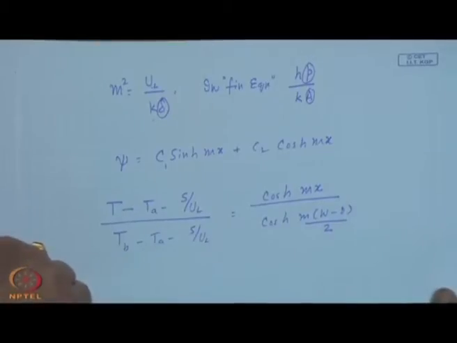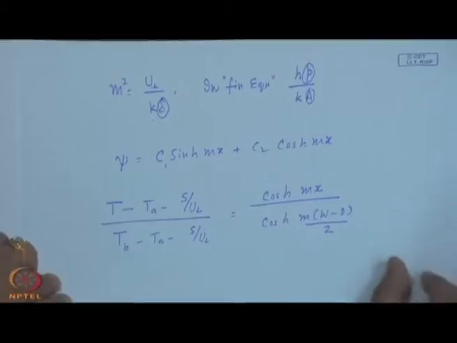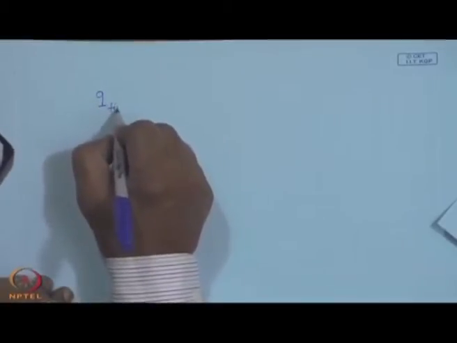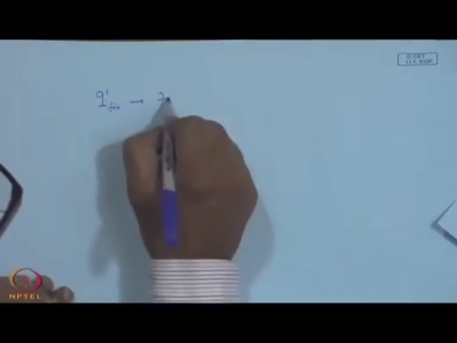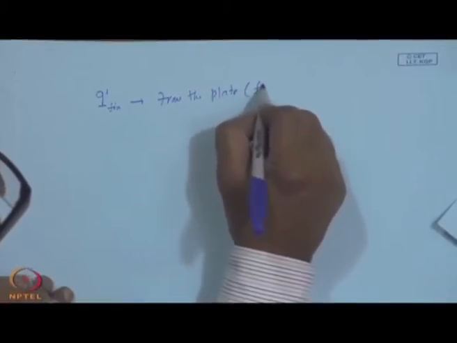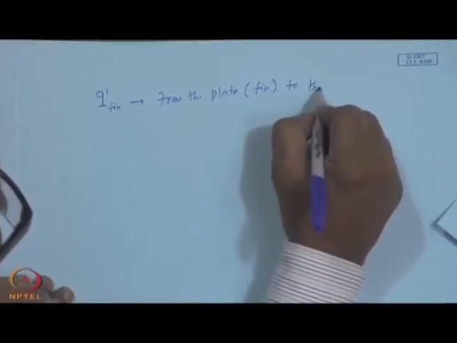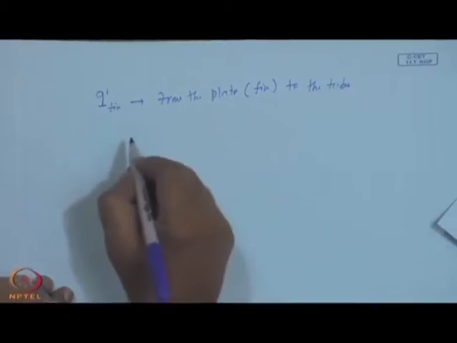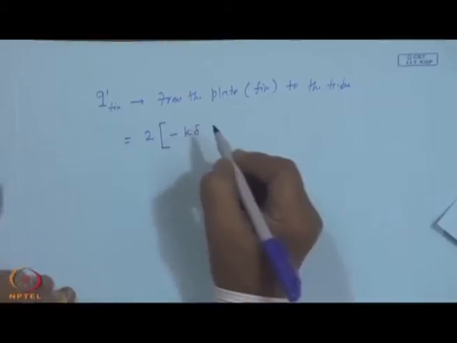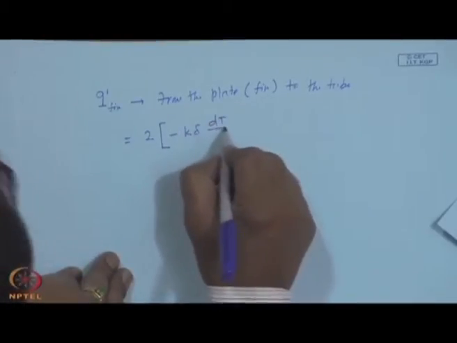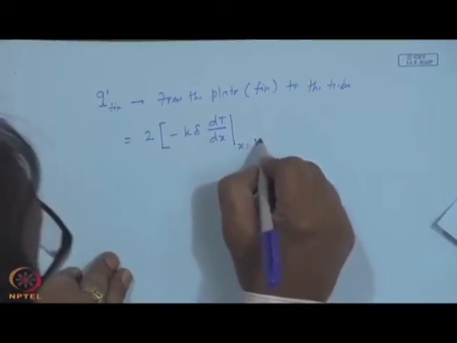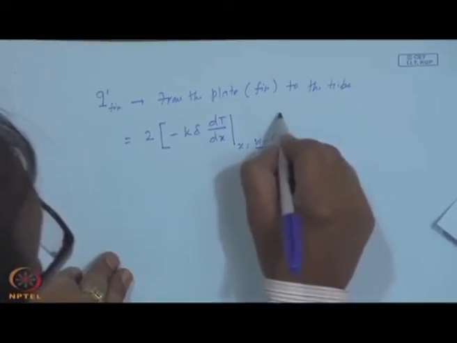So now we have the temperature distribution in the x direction at a fixed y, and if you look at the contribution from the fin, that is from the plate or fin to the tube, it should be equal to 2 times minus k delta, multiplied by unit length perpendicular to the plane of the board or paper, evaluated at x equal to (W minus D)/2.